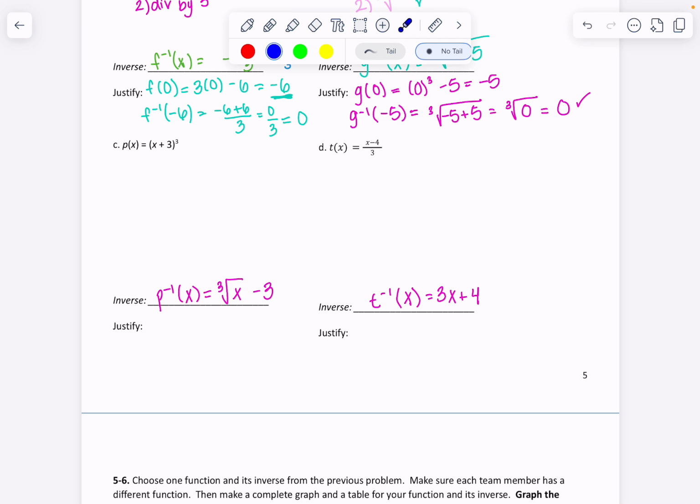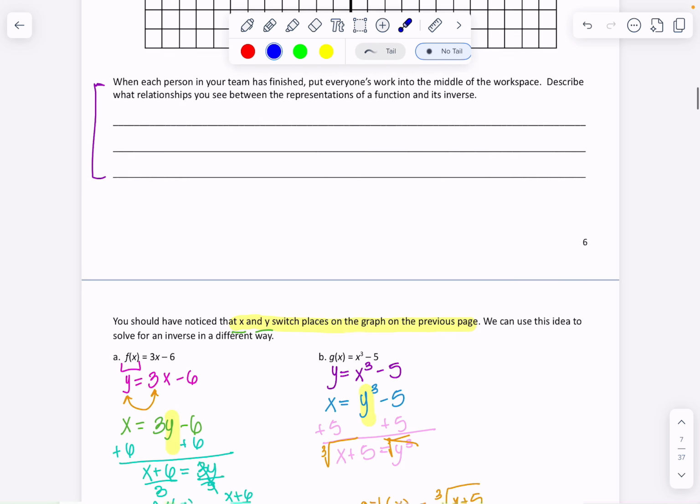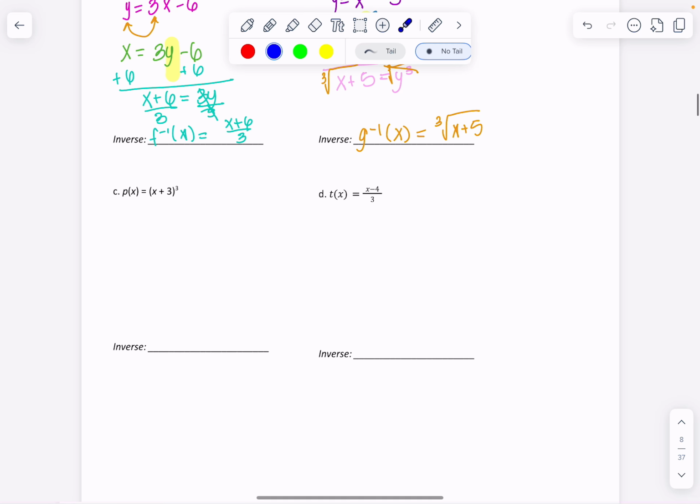And for letter D, you should have 3x plus 4, right? So you can choose whichever method you want in general to solve these inverses. Now I've given you a couple ways. You can either focus on writing steps, or you can do some algebraic work by switching x and y. But for letter C and D today, I do want you to try that switching x and y method here. Just to practice that option.